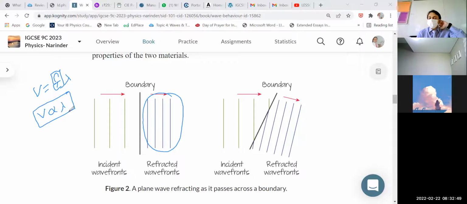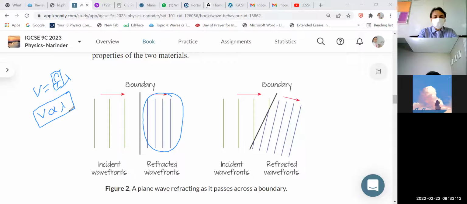And if v is directly proportional to wavelength, then I know from my previous knowledge that when light or sound waves enter from one medium to another medium, the velocity changes.